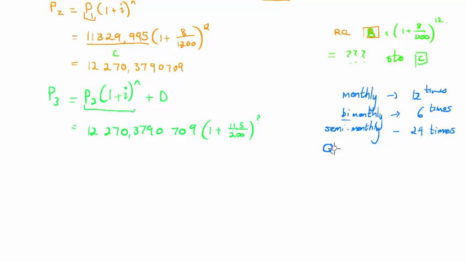What would quarterly be? Quarterly, how many times in the year will I get it? No, 4 times. Quarter is 4 times. It is every 3 months, yes.